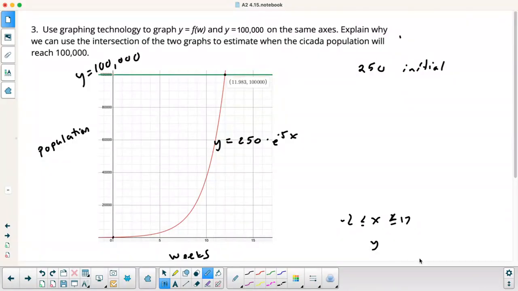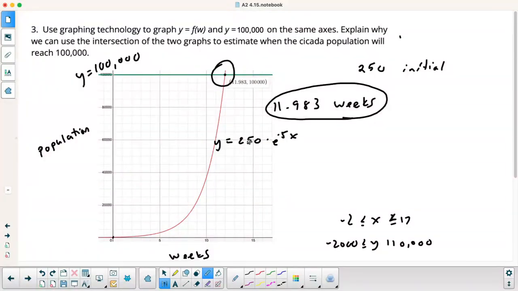I made my y's go from a little bit less than 0 up to a little bit more than 100,000, probably like 110,000 in all honesty. Okay, so make sure you get your window set. Clearly, we can see here from that intersection point, it's 11.983 weeks. We want to know when they're equal.